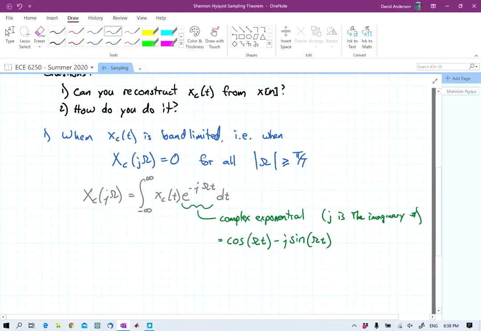So it turns out that the complex exponentials form an orthogonal basis in this space, and we'll talk more about that in general later. So we're really projecting our time signal onto this frequency basis.